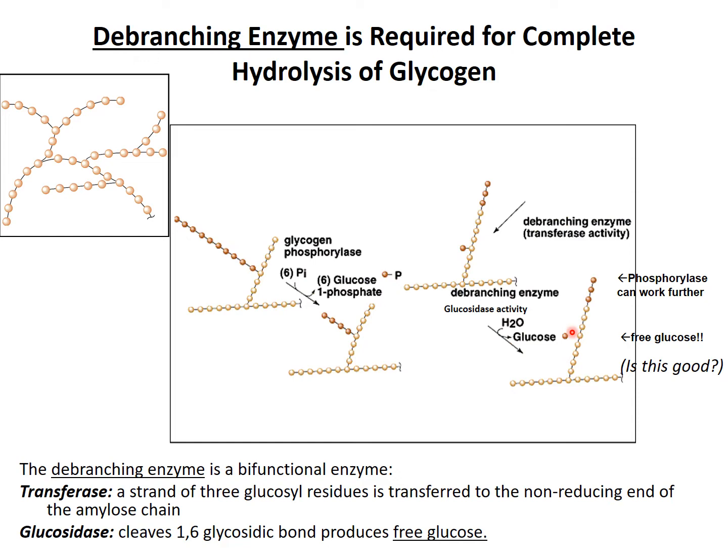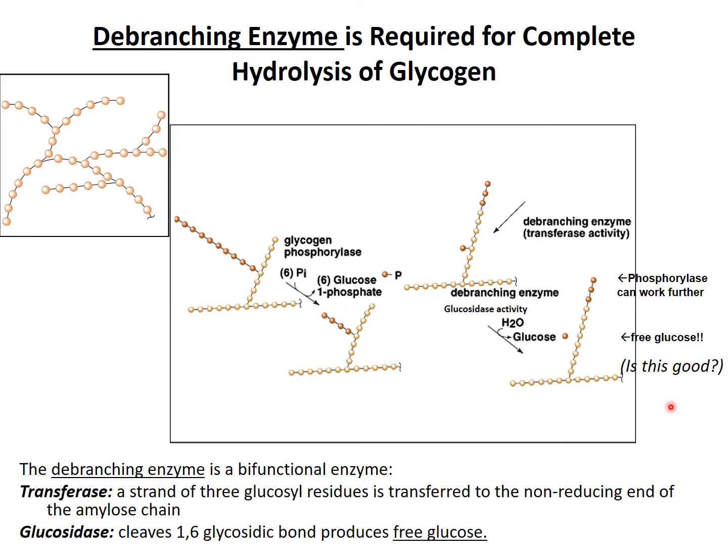This 1 glucose unit is hydrolyzed off, taken off the junction point, and produces glucose. And this is the debranching enzyme's glucosidase activity. So transferase activity and glucosidase activity both need to work, but this is the same enzyme with 2 active centers. So we have glucose 1-phosphate, a lot, and we have a free glucose.